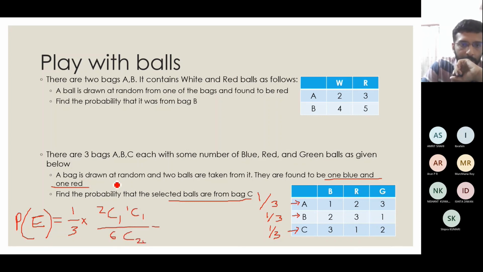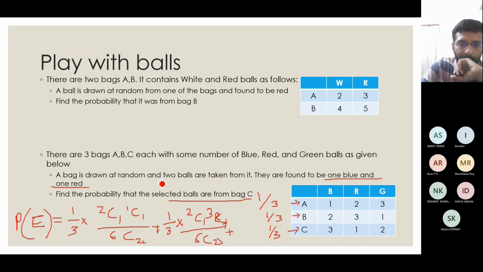Similarly, going to the second bag, 1/3 into the probability of choosing 1 blue ball: out of 2, I have to choose 1. Out of 3 red, I have to choose 1. Our total is 2 plus 3 plus 1, 6, so again 6C2.